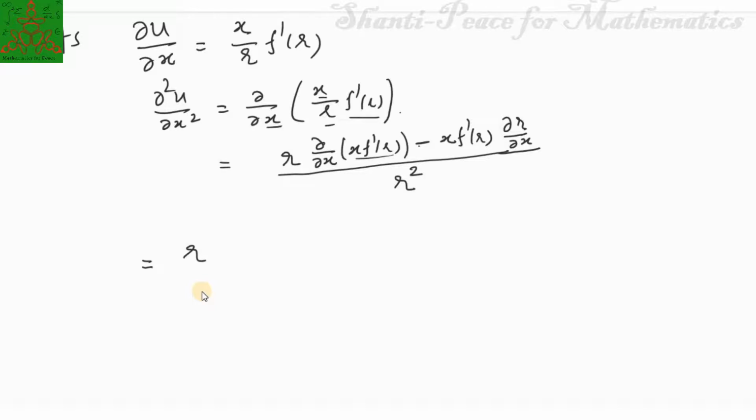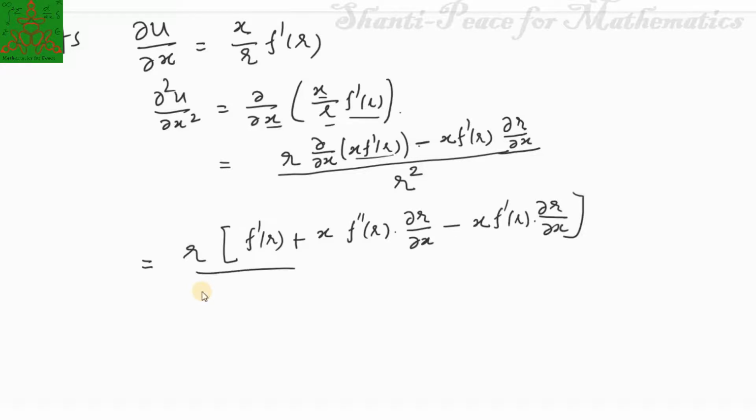So first derivative of x, so that is f dash of r as it is, and the derivative of x with respect to x is 1, plus x as it is, derivative of this f dash of r with respect to x will give you f double dash of r into del r by del x by using the chain rule, minus x into f dash of r into del r by del x, upon r square. This bracket is closed here.